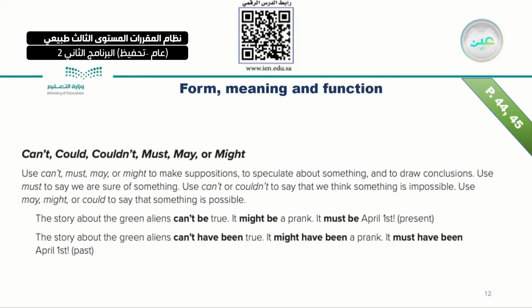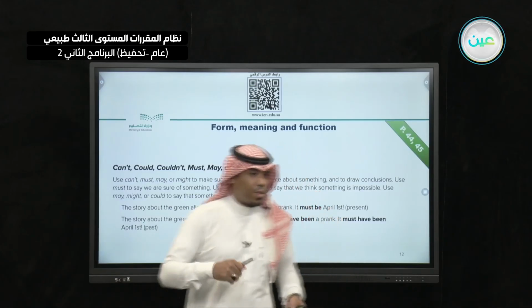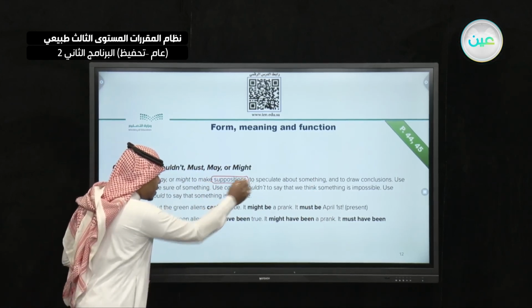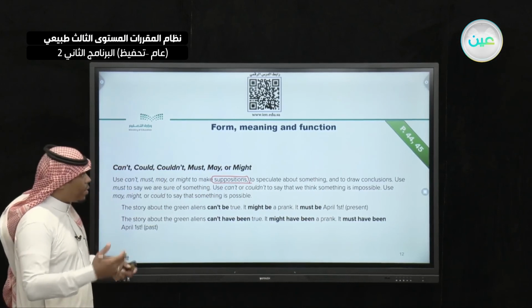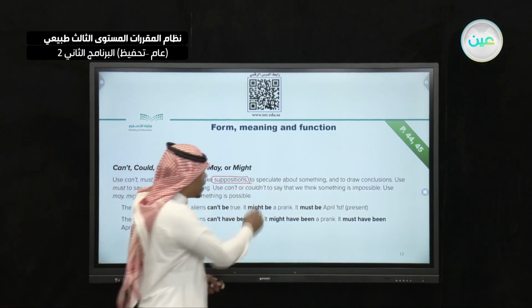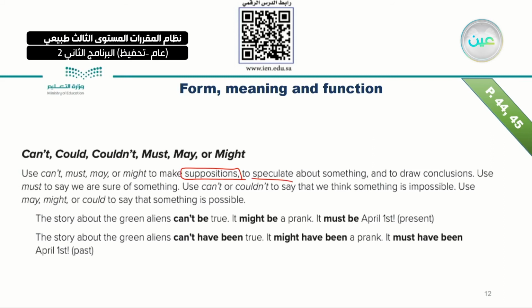Now, what about can't, could, couldn't, must, may or might? We talked about these modals. Use can't, must, may or might to make suppositions. What do I mean by suppositions here? To suppose, to speculate, to guess about something and to draw conclusions.